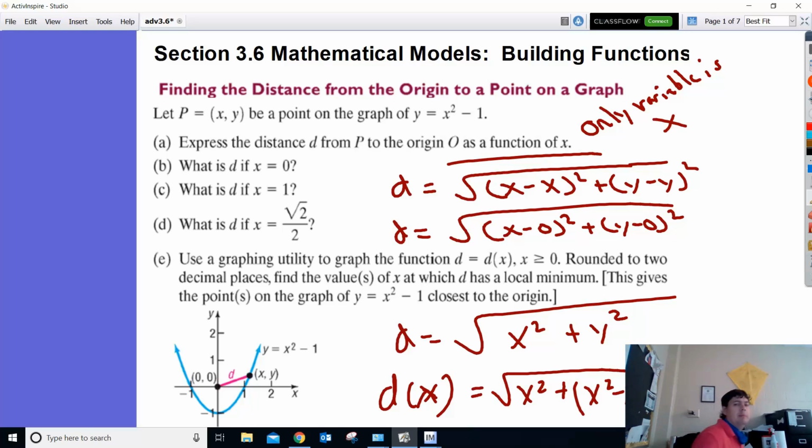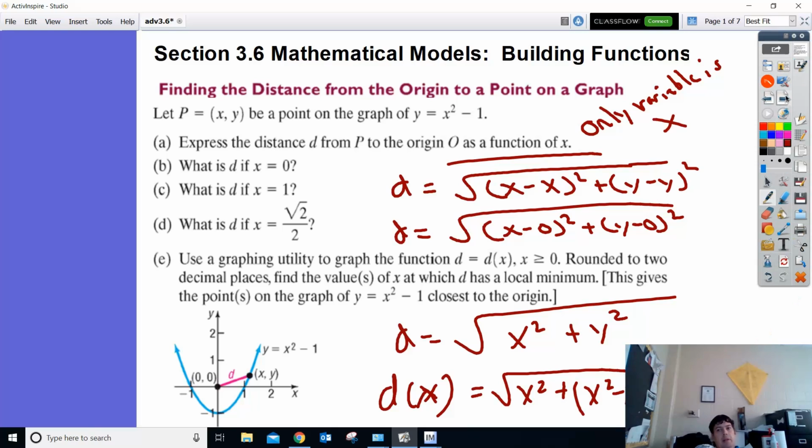I'm not going to clean that thing up anymore because you're not going to gain anything and you might screw it up. If somebody in here thinks (x squared minus 1) all squared is x to the 4th minus 1, it's not, is it? How would you square x squared minus 1? You FOIL it out.